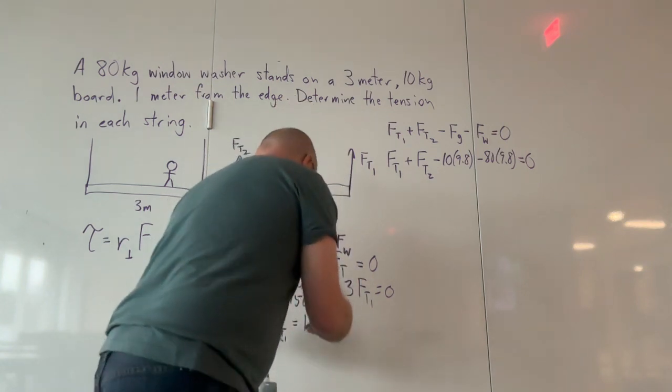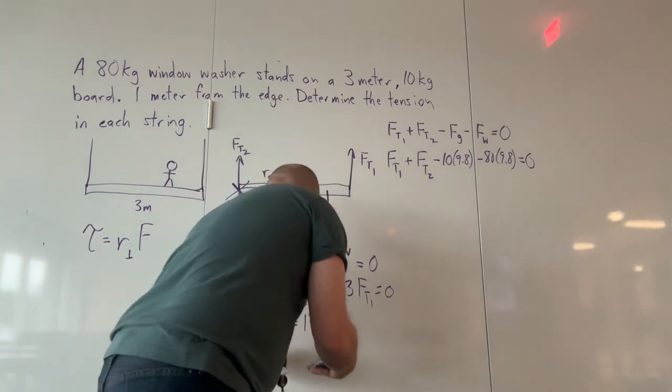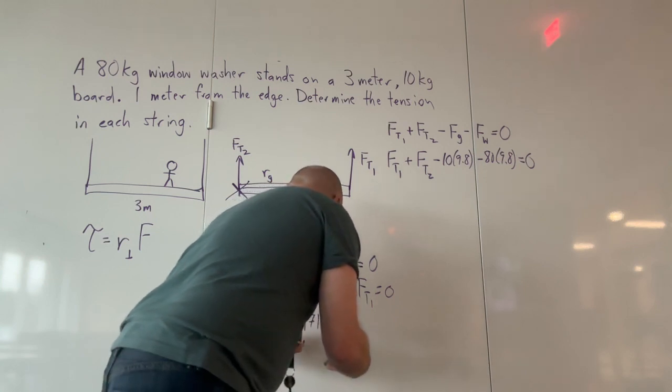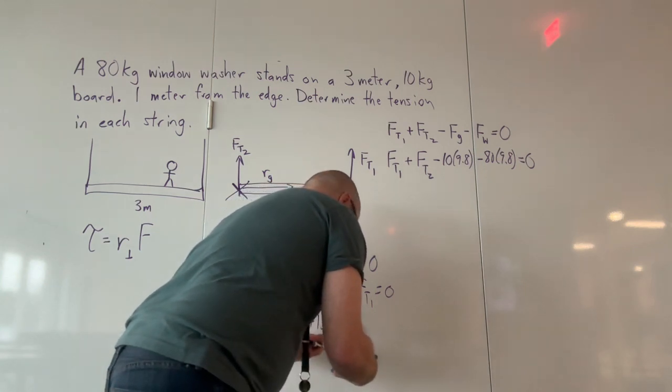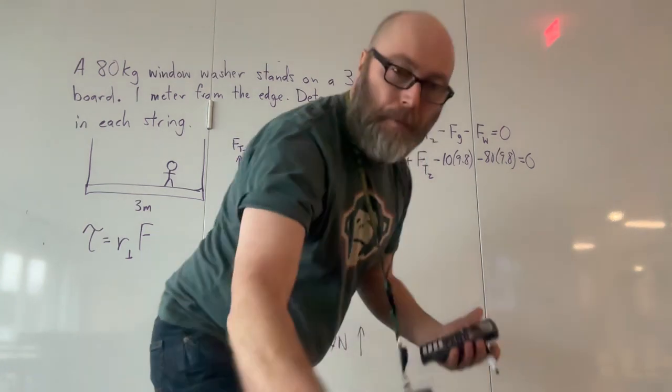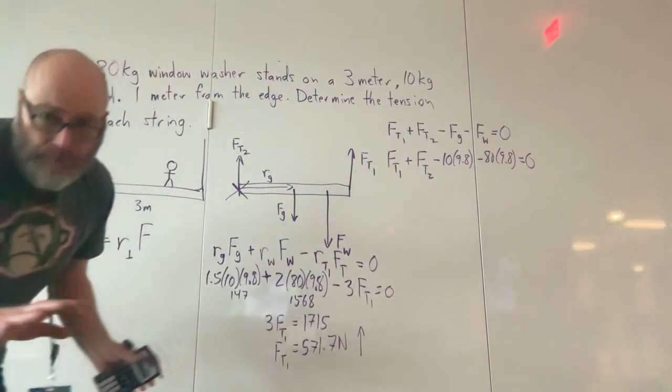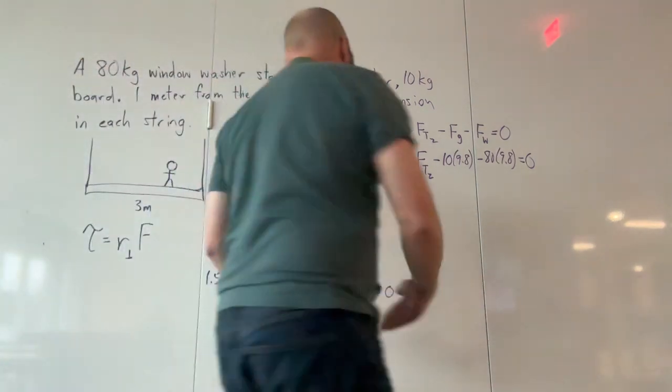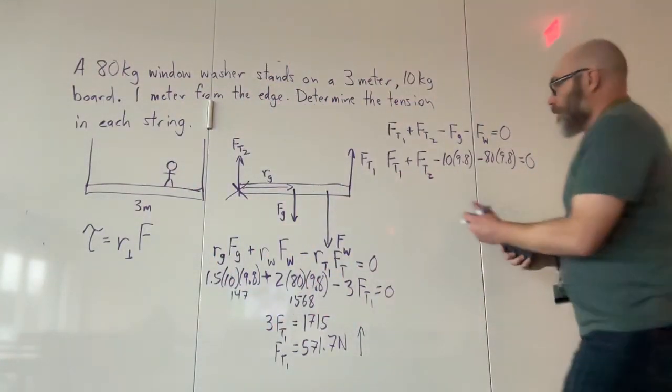Divided by 3, force of tension 1 equals 571.7 newtons, and it is going to point up. Hopefully you guys can see that. Yes, you can. Perfect. So then you're going to come over here and you're going to plug it in.